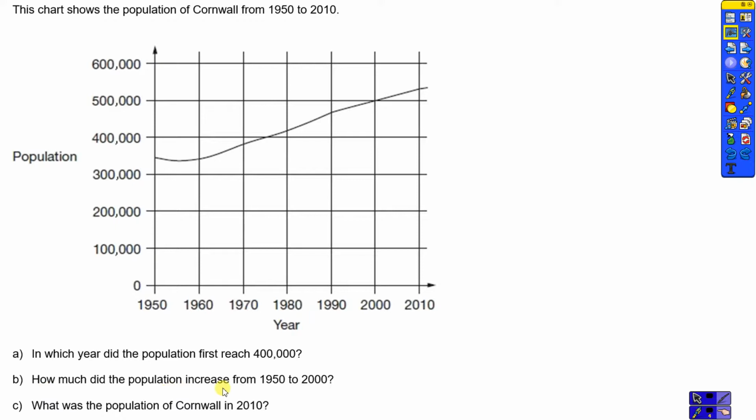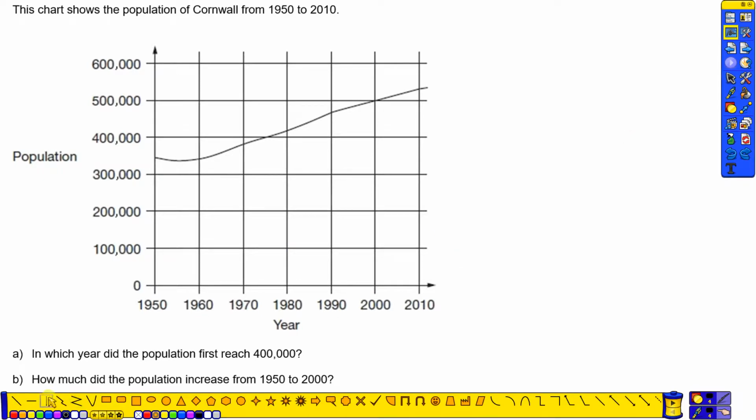How much did the population increase from 1950 to 2000? So we need to find the population in 1950, which is slightly under or about 350,000. And then we need to find the population in 2000, which is 500,000.